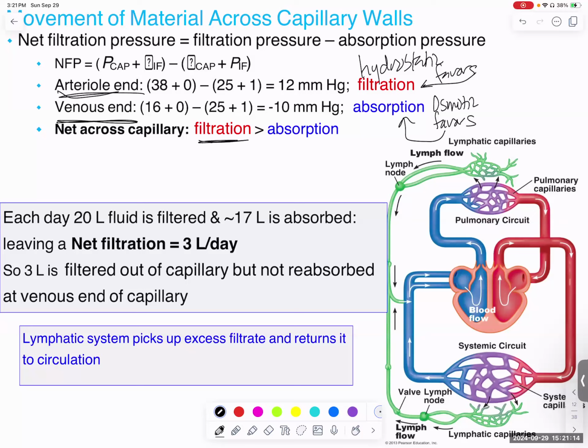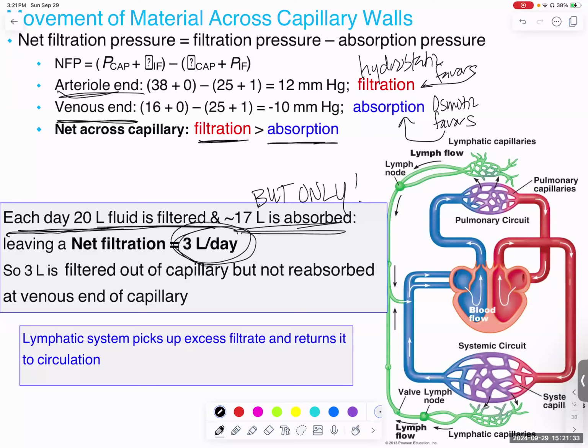But there's more being filtered than absorbed across the capillary wall. So each day, 20 liters of fluid is filtered out, but only 17 liters is reabsorbed. That means 3 liters a day is not reabsorbed into the capillary. Where does that 3 liters per day go? It goes through the lymphatic system.